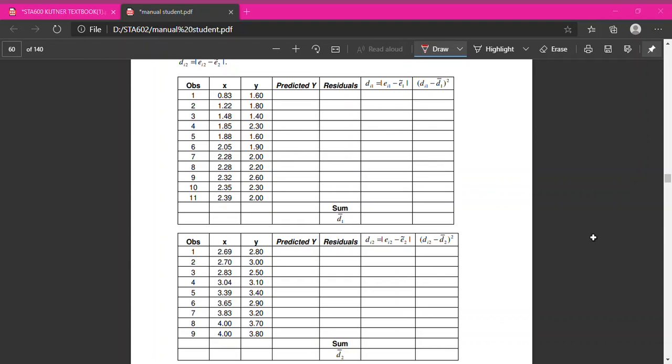Okay, so the next one, we also need to find here the column of D1 minus D1 bar square. Sebab nak cari S pool, kan? The variance pool, so kena cari D1 bar first.